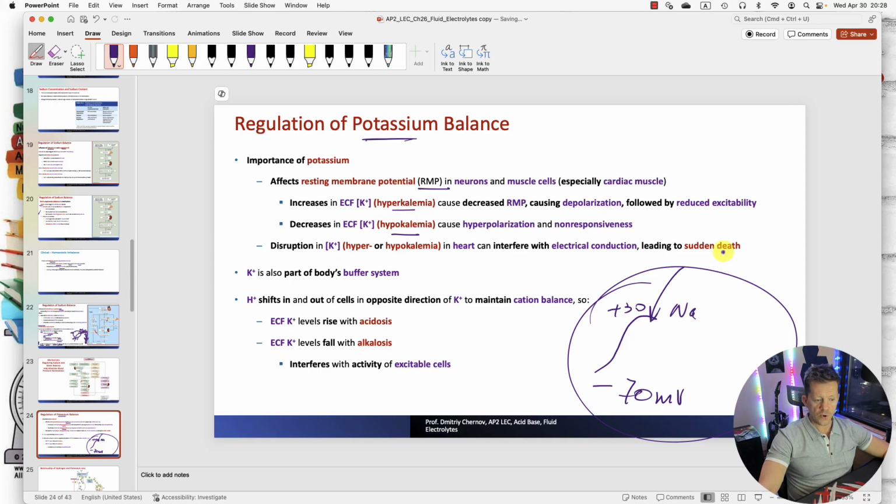So there's more sodium outside, and there's less potassium outside. So there's more potassium inside, and there's less sodium inside, right? So they're all positive. So by bringing sodium in, that leads to depolarization, right? So you're depolarizing.